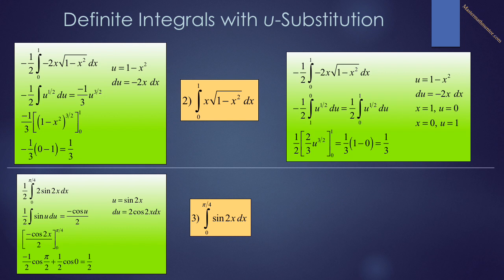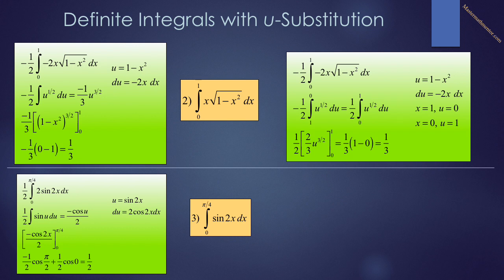Doing the problem without changing the limits, u is equal to sine of x and du is equal to 2 cosine of 2x dx. A 2 goes to the inside, a 1/2 goes to the outside. So this becomes 1/2 the integral of sine u du, which is negative cosine u over 2.